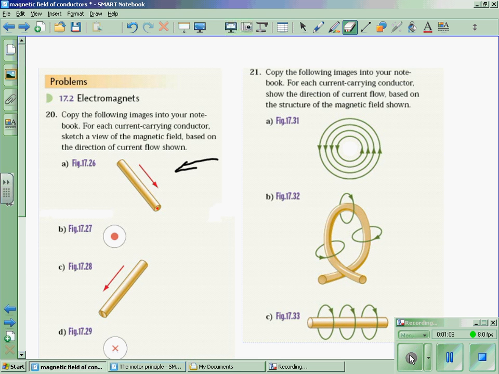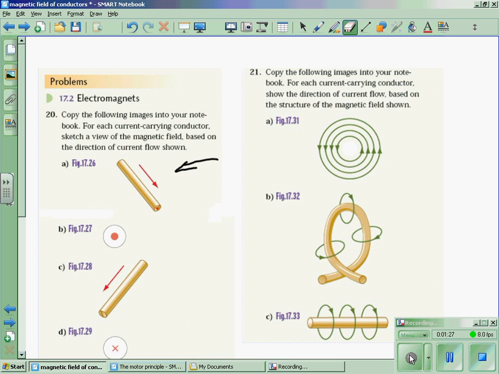Now, by using right-hand rule number 1, what we're going to do is wrap our right hand around this wire. Imagine that you're wrapping your right hand around this piece of wire so that your thumb is pointing in the direction of current flow.